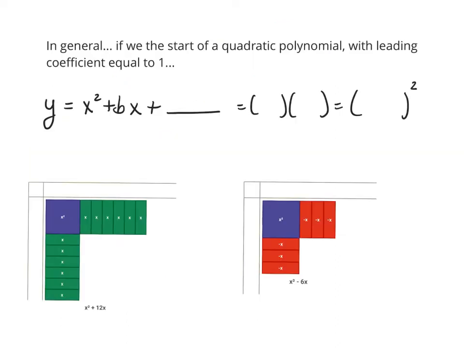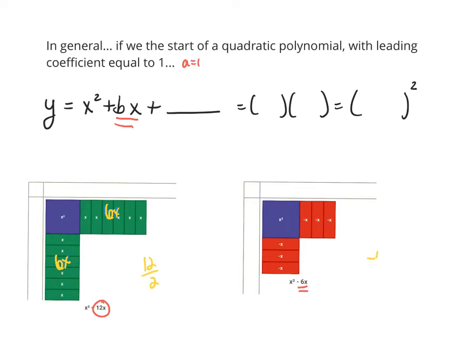So in general, if we have a quadratic polynomial where the leading coefficient is a 1, or in other words, the a value is equal to 1, what we notice is whatever the b value that was given, like here it was 12 and here it was negative 6, the way that I arranged the algebra tiles was I took 12 and I put 6 of them here and 6 of them there. So I took 12 and I divided it by 2 to get 6 and 6.